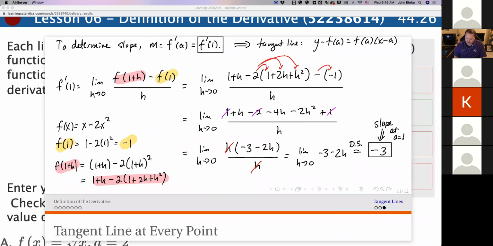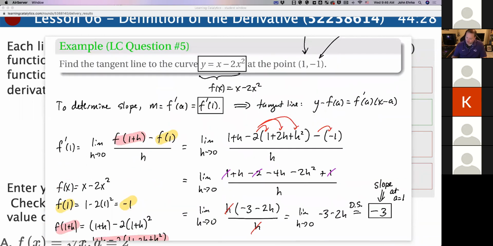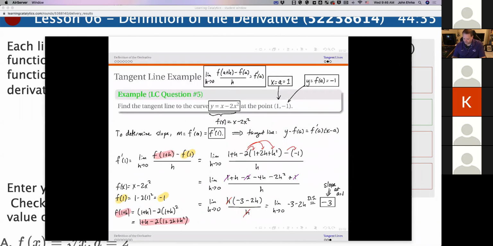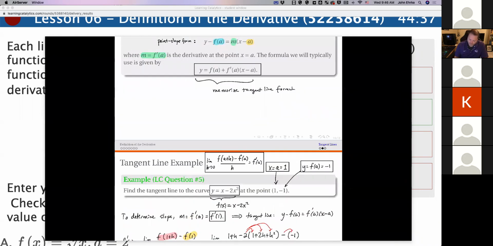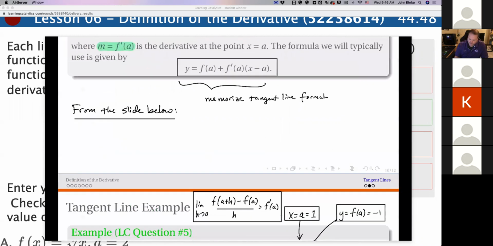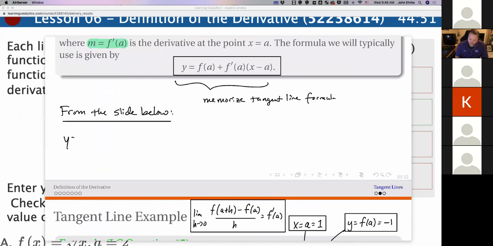All right, once I have that in place, I can then simply update the tangent line formula. So I'm going to go back to the previous slide. And I'm just going to update this formula with what we found. So f at 1 plus f prime at 1 times x minus 1.